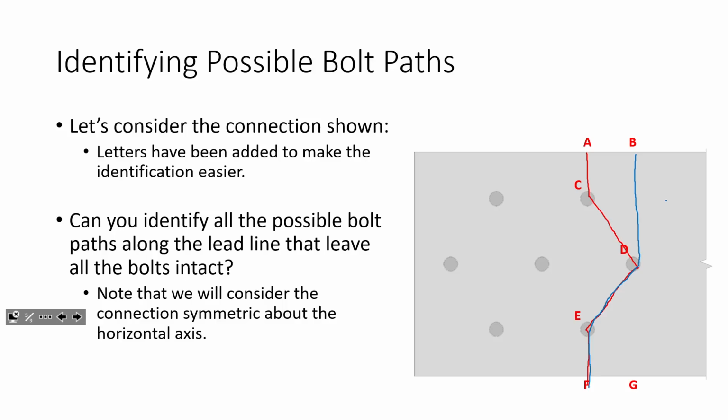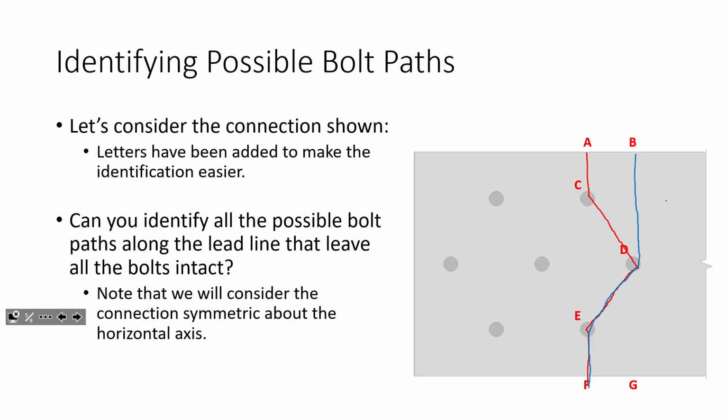Is there another similar viable path? A, C, D, G. Now what I'm going to do is list those together. Why am I listing them together? Because they're the mirror of one another. Regardless of the math, ignore the math, they're basically the same path, right? They're just mirror images of one another.